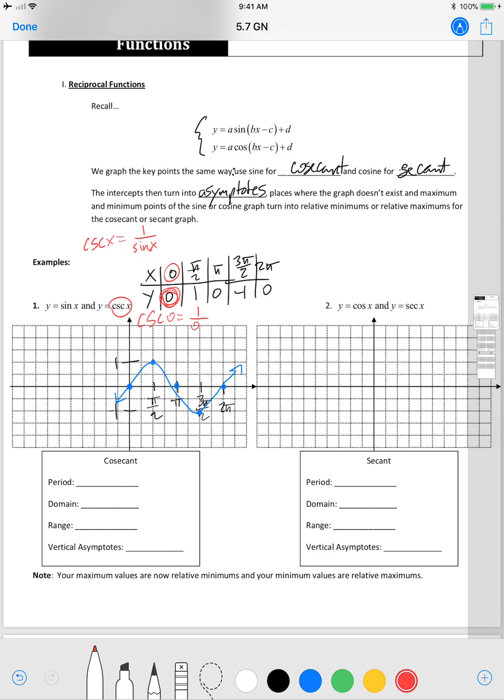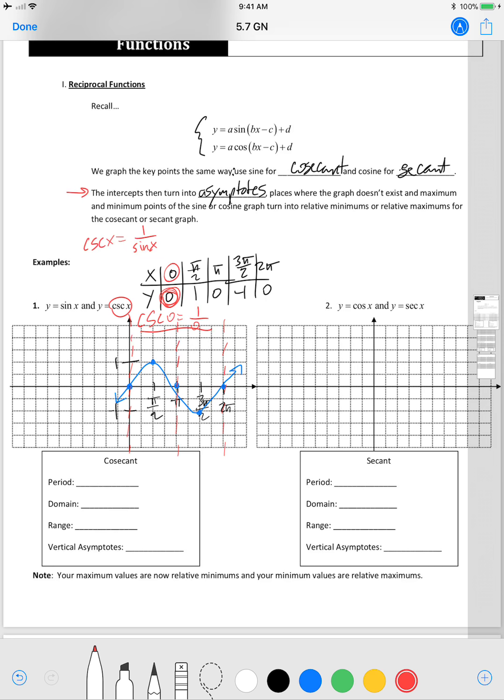Well, that's undefined. I can't have 1 divided by 0. So that becomes an asymptote. So up here I said the x-intercepts turn into asymptotes. And this is why. Because where the graph is crossing the x-axis, where y equals 0, I'm going to end up with 1 divided by 0. And that's undefined. So I end up with an asymptote at 0, an asymptote at pi, and an asymptote at 2 pi.